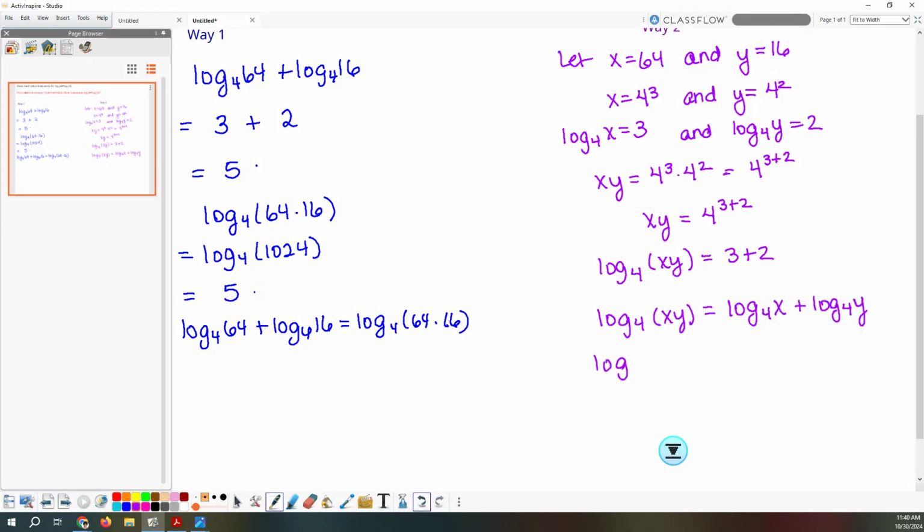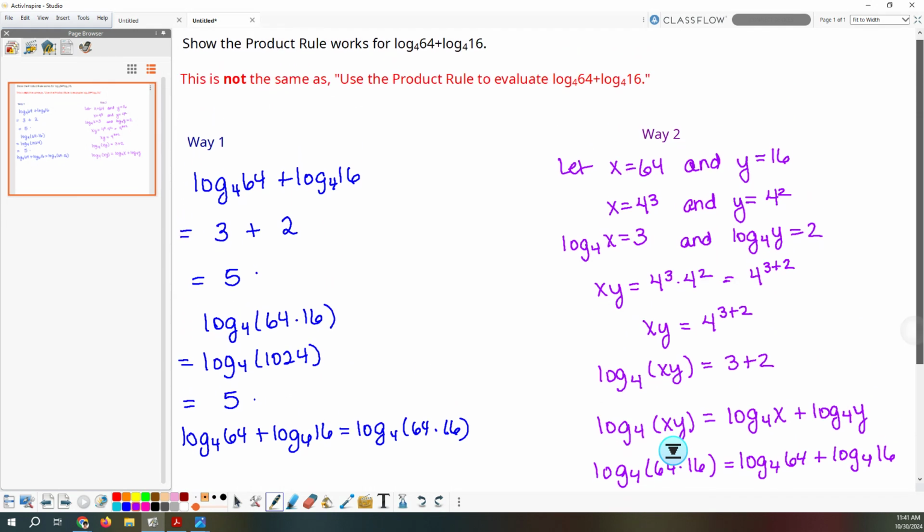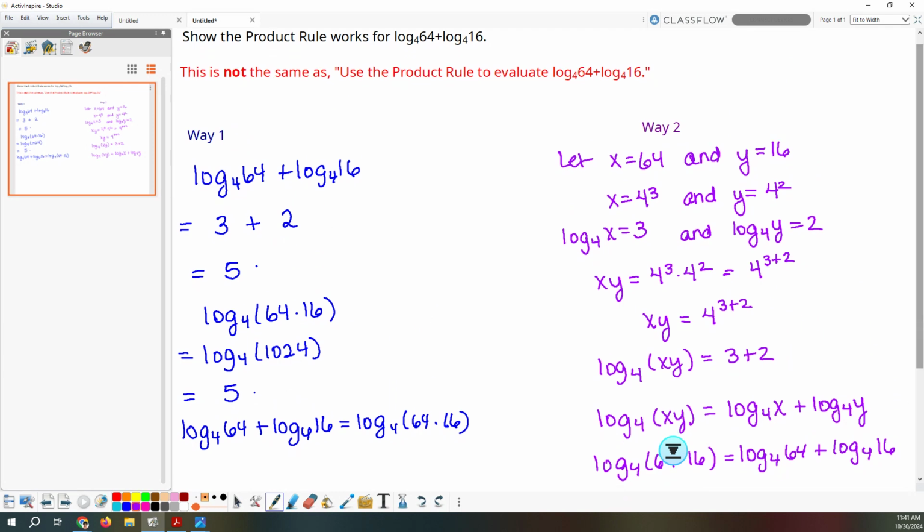So we have the log base 4 of 64 times 16 equals the log base 4 of 64 plus the log base 4 of 16, which is what the product rule says. So there are two ways that you can show the product rule works for this. So again, not the same as using the product rule to evaluate, but you're showing that the product rule works.